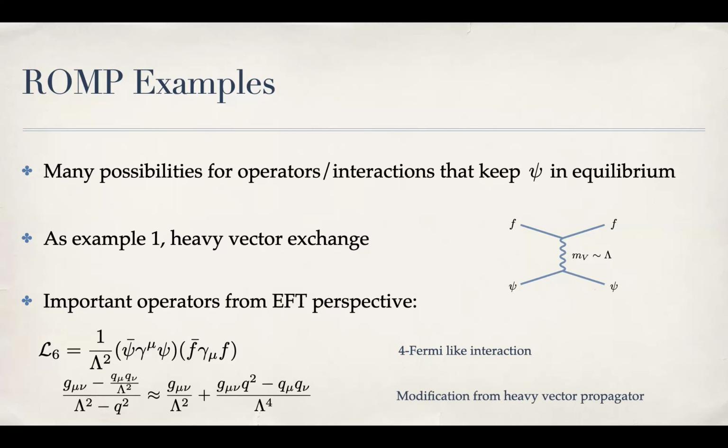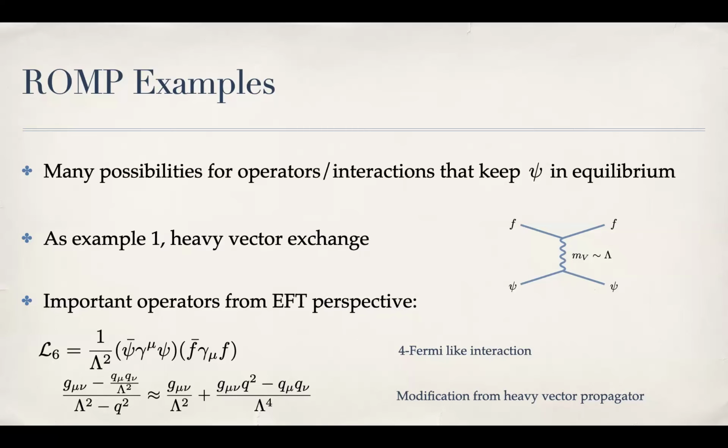But what we're going to do as well is consider the next higher order correction to these interactions. And these come from, when I look at this heavy gauge boson propagator, remember there are additional pieces that go as some momentum squared over the mass of my heavy vector squared. And so if you just Taylor expand about momentum over mass, you'll get a normal 4-point interaction piece, which gives you this dimension 6 piece.